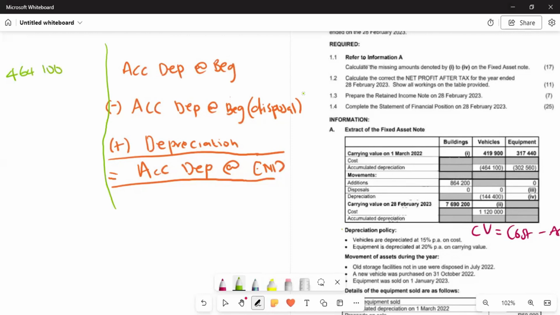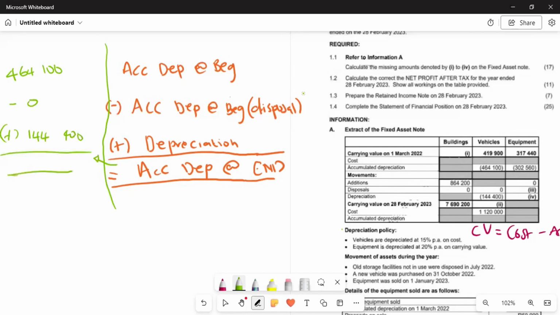Now, were there any disposals with regards to vehicles? There weren't any vehicles disposed, so subtract 0. And the depreciation for the year was correctly calculated as 144,400, so we need to add 144,400, and this would be equal to our accumulated depreciation at the end.